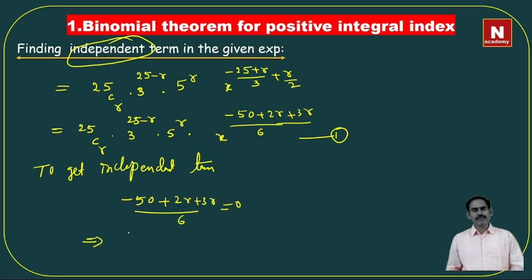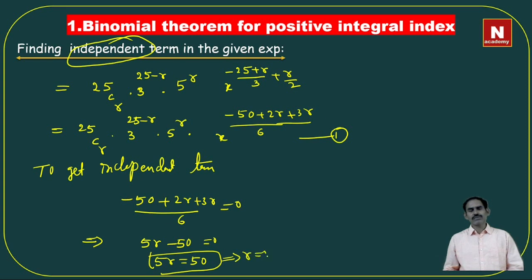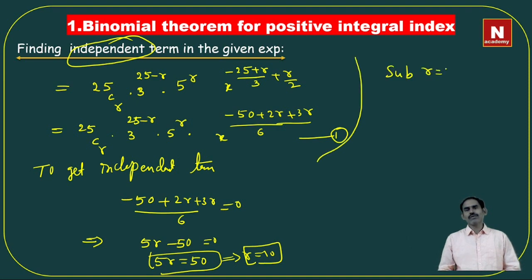That implies 5r minus 50 equals 6 into 0, so 5r equals 50, r equals 10. This r value, substitute in equation 1, we will get the independent term. So substitute r equals 10 in equation 1.